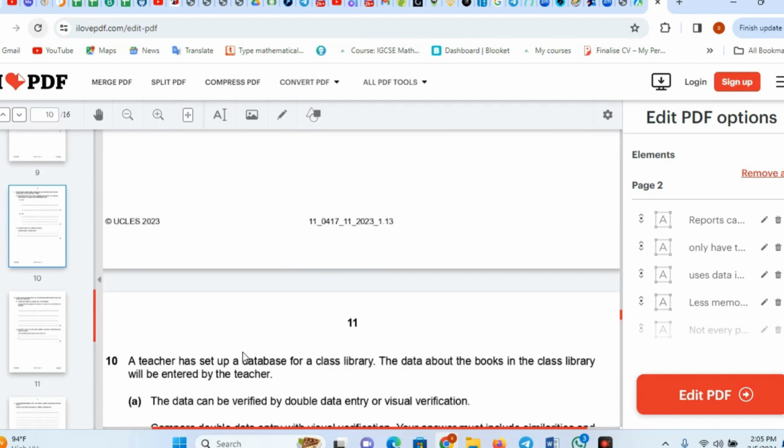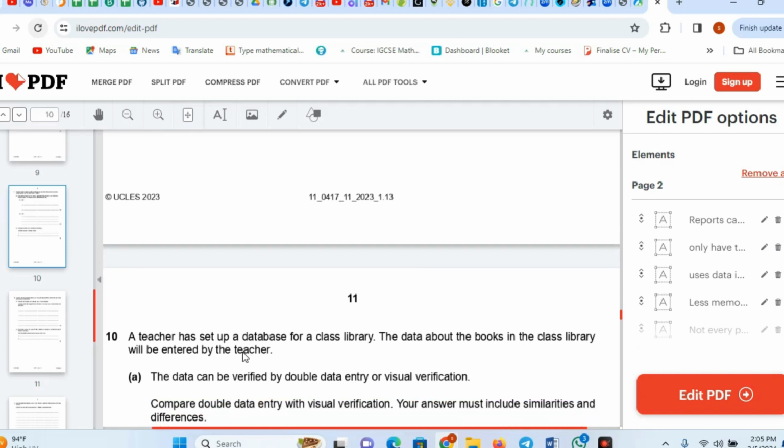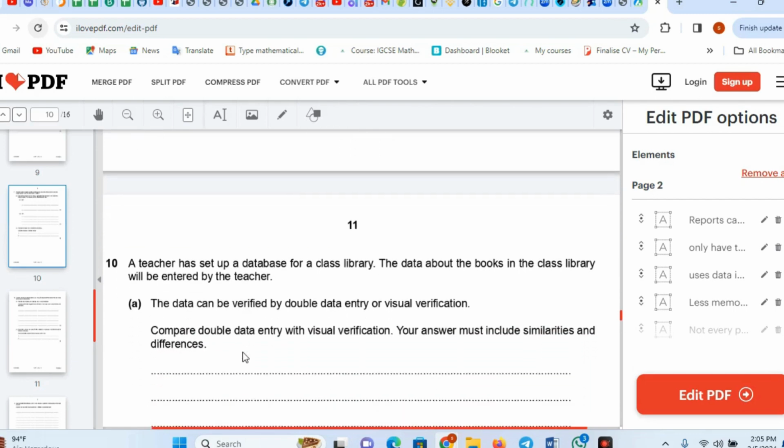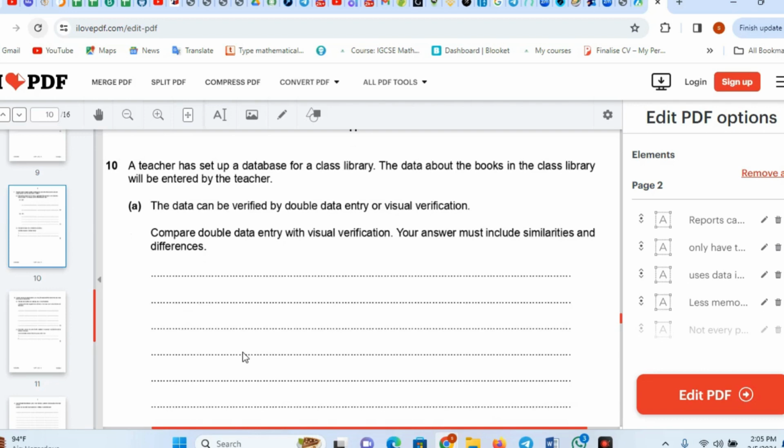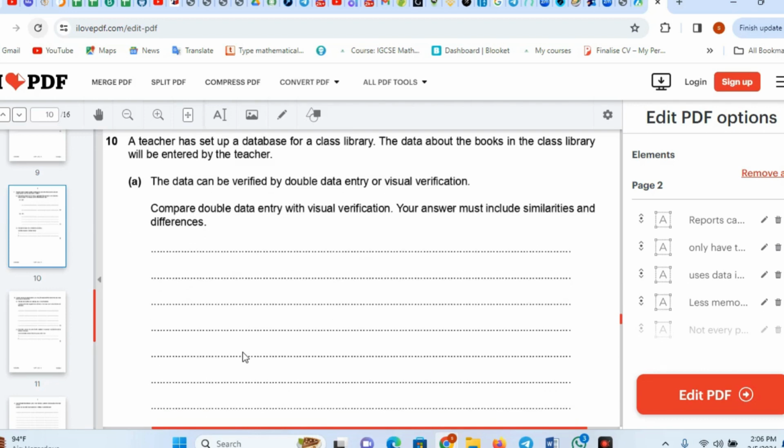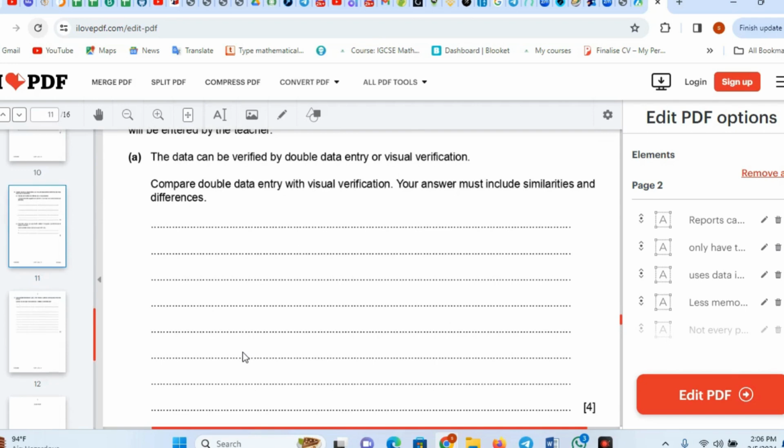The data about the books in the class library will be entered by the teacher. A. The data can be verified by double data entry or visual verification. The question says, compare double data entry with visual verification. Your answer must include similarities and differences.